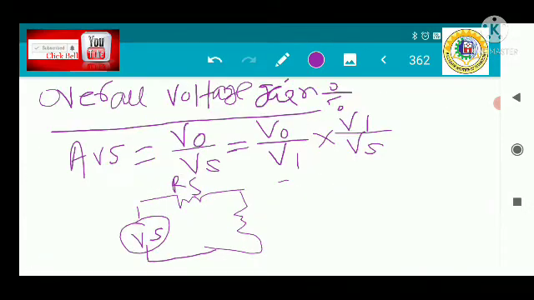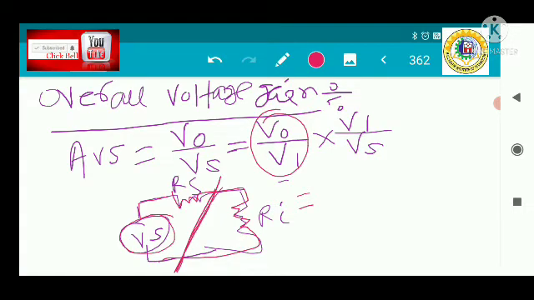So the input resistance can be drawn like this. This is the minimized diagram: voltage source with a series resistance and an input resistance, connected externally along with the model. V0 divided by V1 is AV, simply the voltage gain, and V1 is the voltage falling across this input resistance.